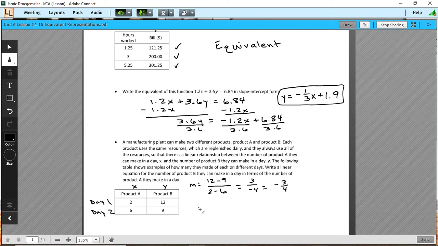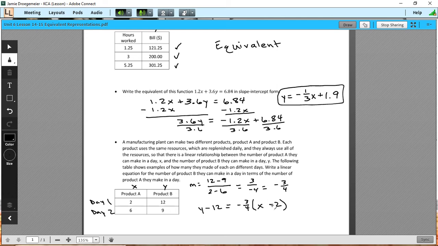Now I can use point-slope form, and I'm just going to pick that first point. So y minus the y value, which is 12, equals negative 3/4 times x minus the x value, which is 2. That's what the equation would look like in point-slope form.